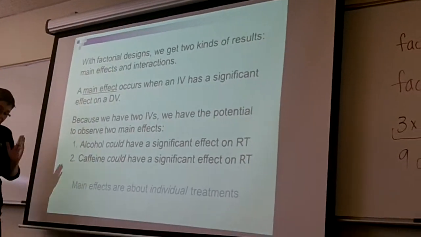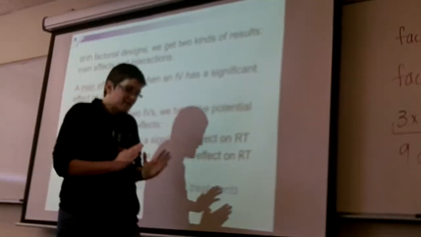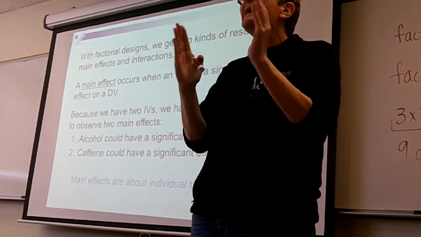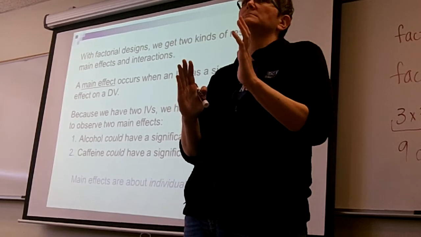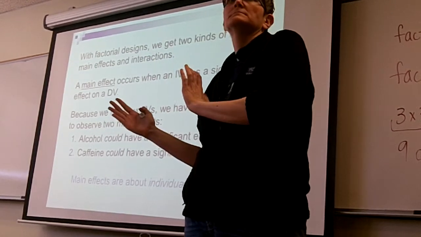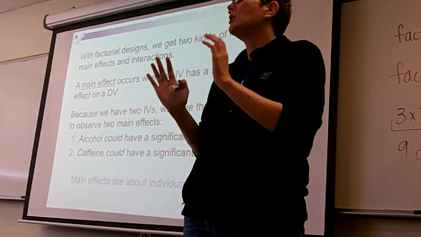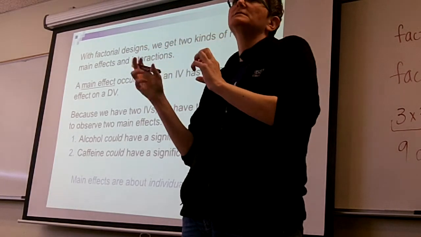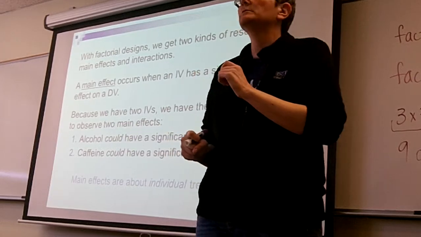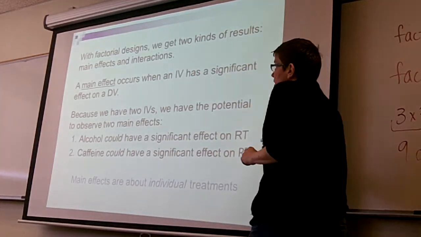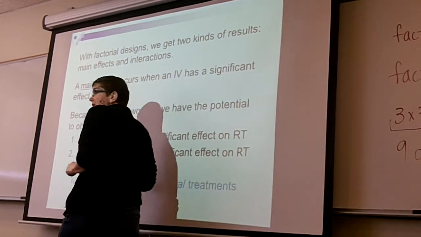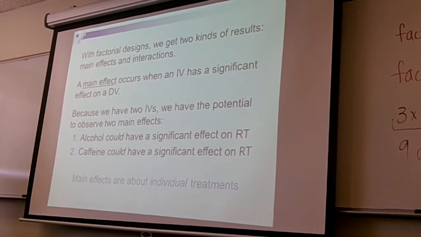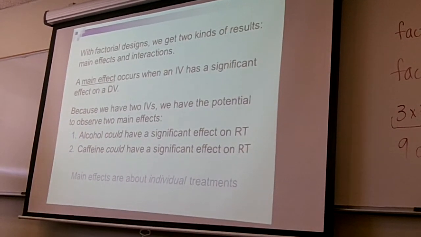So when one independent variable has a significant influence on one dependent variable, we say that there's a main effect of that IV on the DV. When that independent variable all by itself shows significant differences in terms of the dependent variable. Because we have two independent variables in our alcohol caffeine study, we have the possibility of getting two distinct main effects.